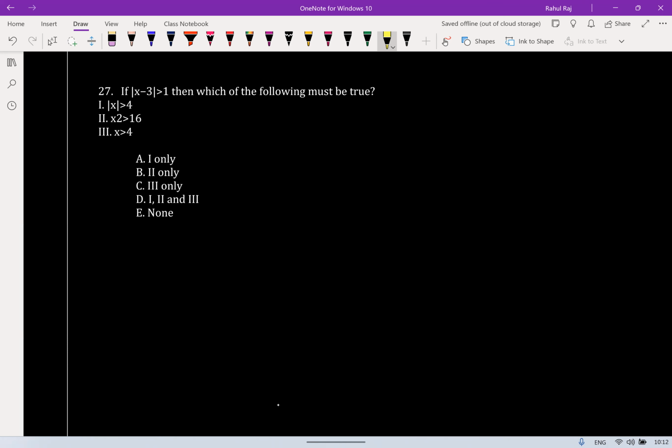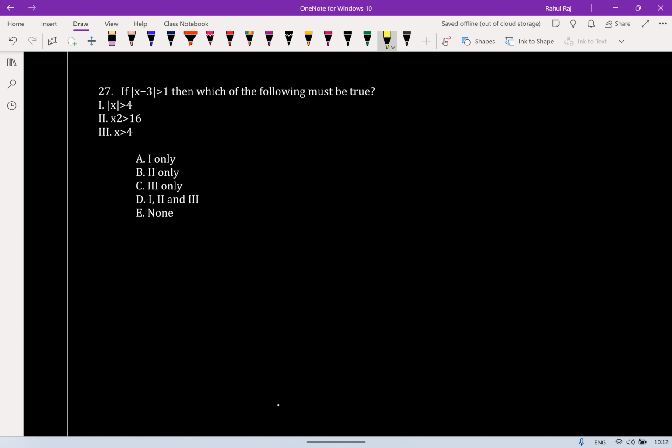So here, when you try to solve mod of x minus 3 greater than 1, you're automatically getting that mod x is equal to positive x, right? Because it's greater than 1. It's given. We don't need to consider the negative side of it, right?